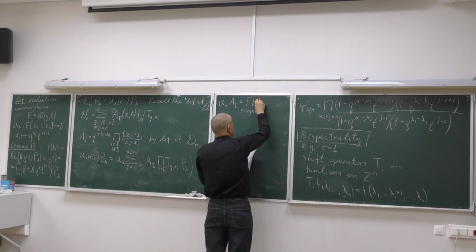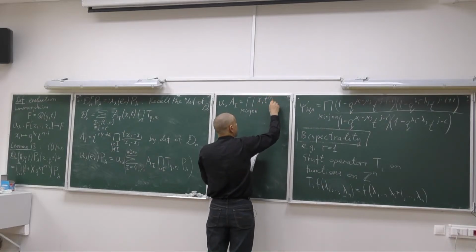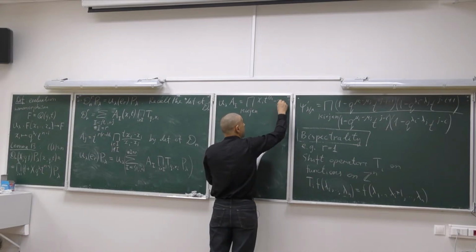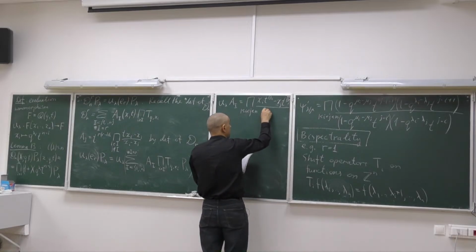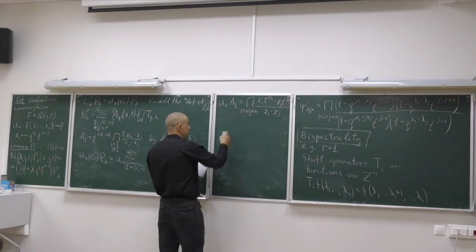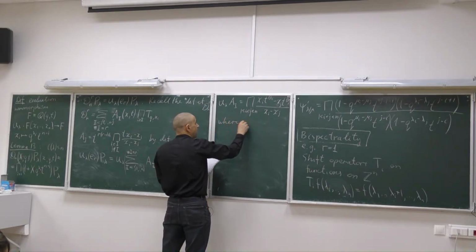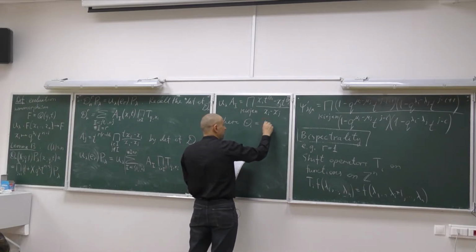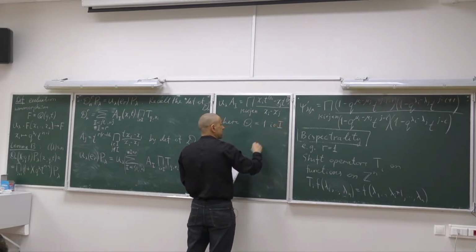The product of xi to the power t to the power theta i minus xj t to the power theta j over xi minus xj, and now theta i is 1 if i lies in the subset and 0 otherwise.